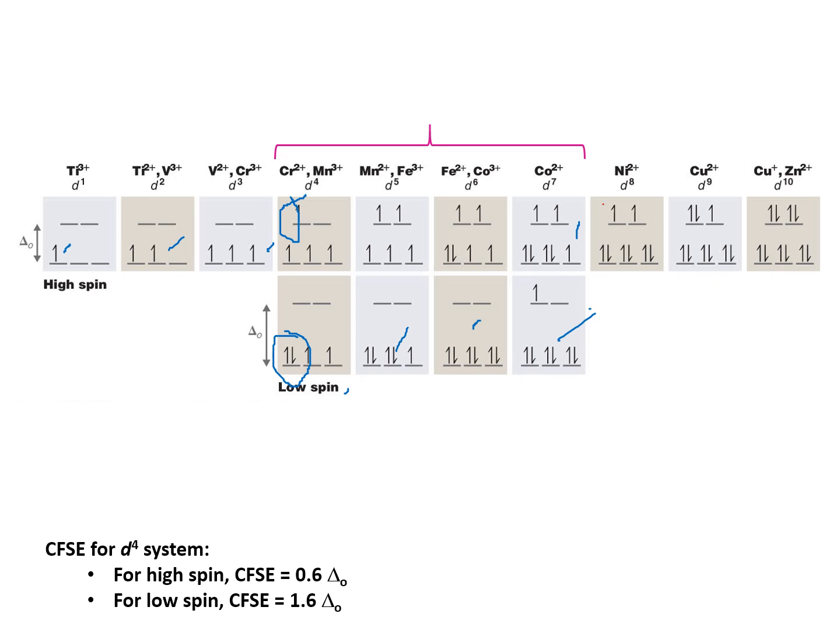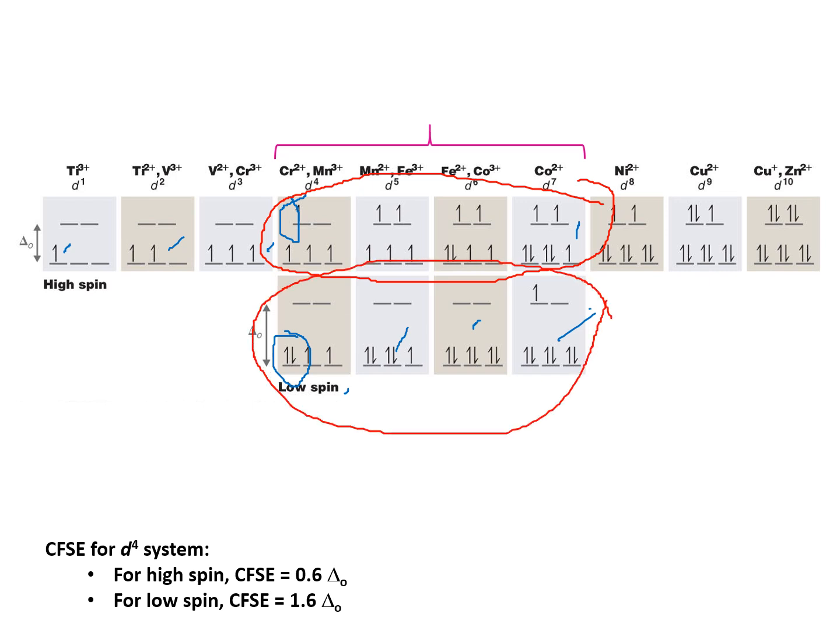This is called the high spin complex. This is called the low spin complex. When it will favor the high spin complex and when the low spin complex is completely based on the splitting energy. If the splitting energy between the t2g and eg levels is very high, the electron will prefer to pair up here in the t2g level.